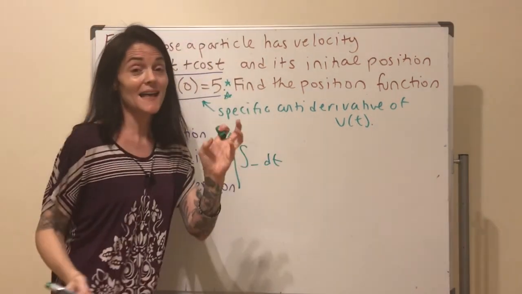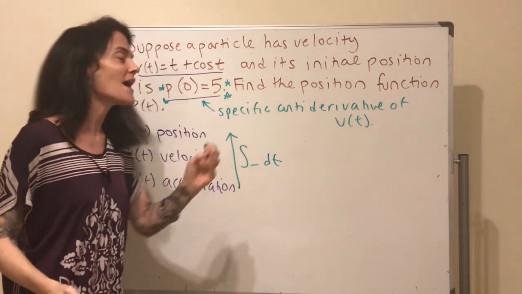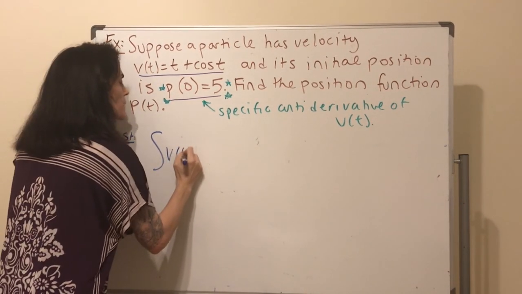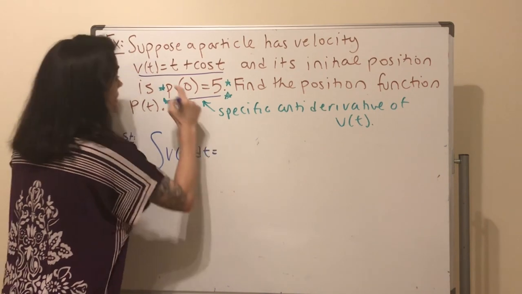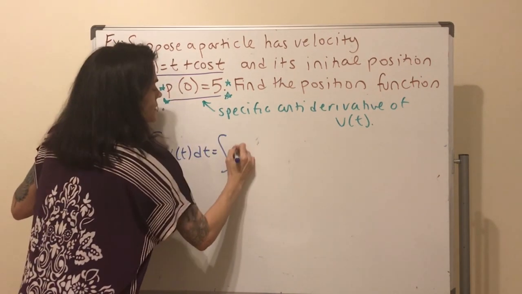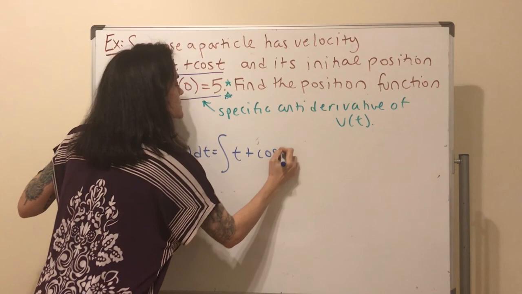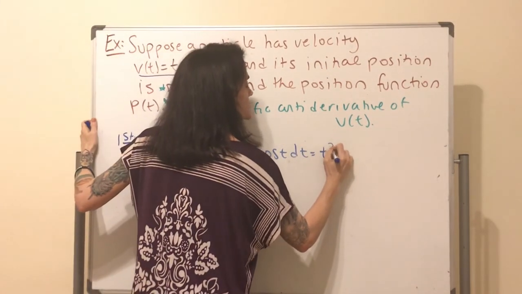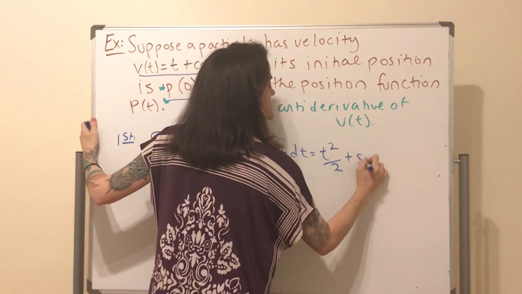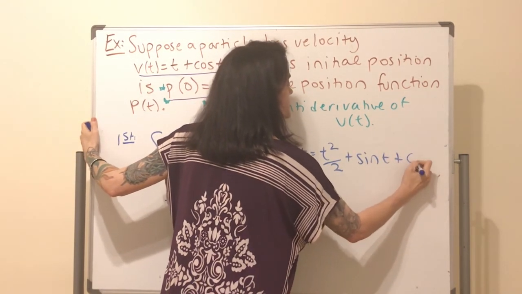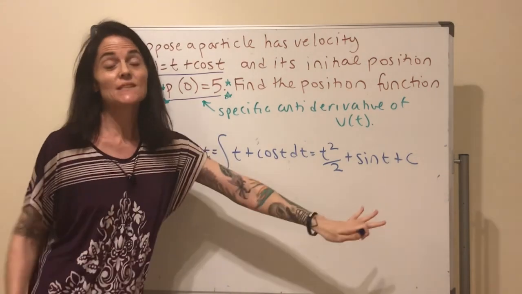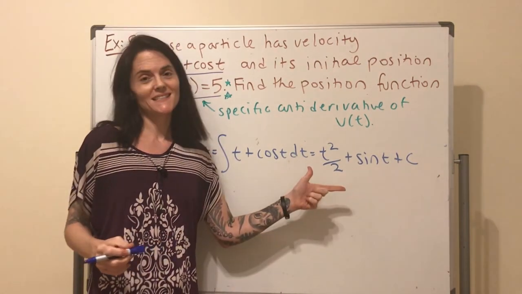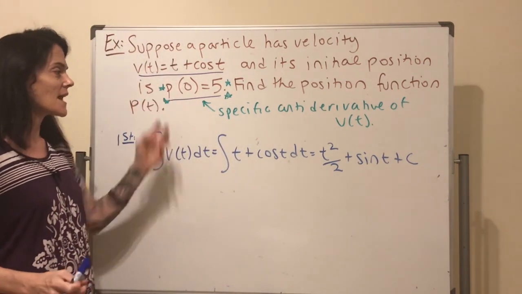We want the one that satisfies P of 0 is 5. First, as I mentioned, we integrate velocity. This is the integral of t plus cosine t dt. This is t squared over 2 plus sine t plus c.